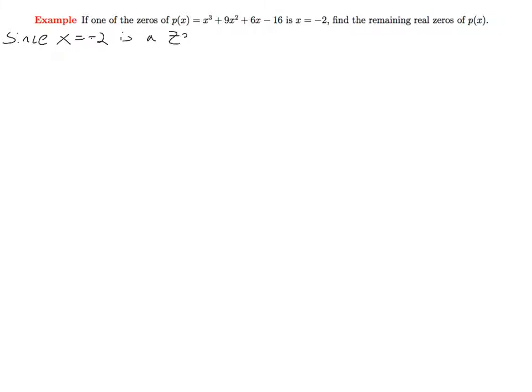So this means we know one of the factors, namely that x plus 2 is a factor.